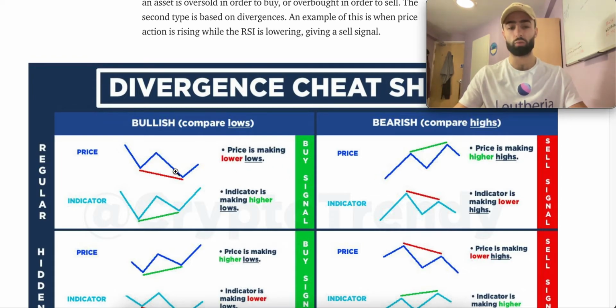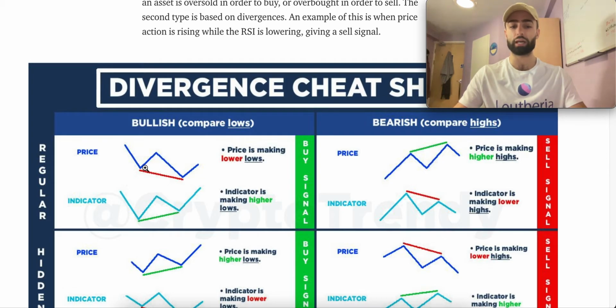Let's start off here with the bullish regular divergence, and I'll show you guys an example of each one of these as we go and how you might be able to play these. If you're looking at the regular bullish divergence, this is when the price is making lower lows, but the RSI is giving you higher lows.